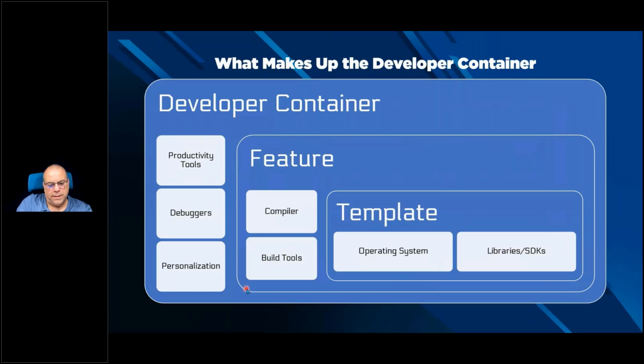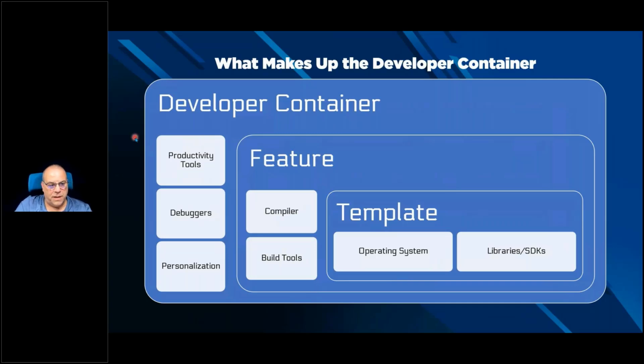You then add on top of your container the different features. These features are things like your compiler and any build tools that you need. In our .NET one, we're going to have the .NET SDK, then MSBuild on there, which is the compiler. For the Ruby one, we're going to have the Ruby SDK, then the bundler, which will build our Ruby app.